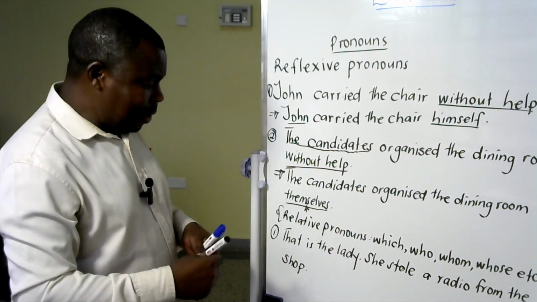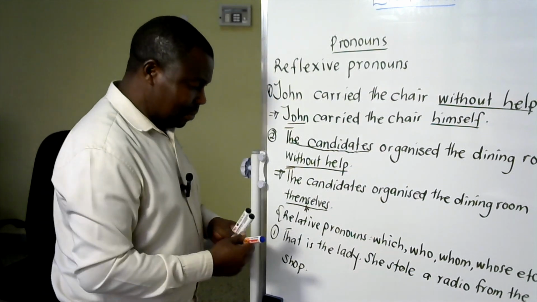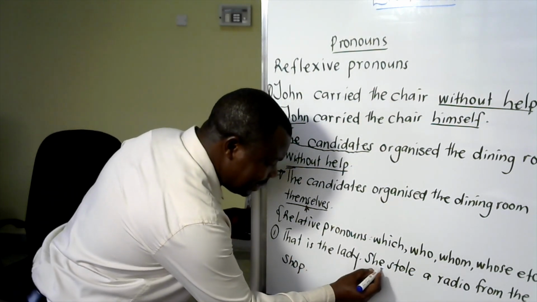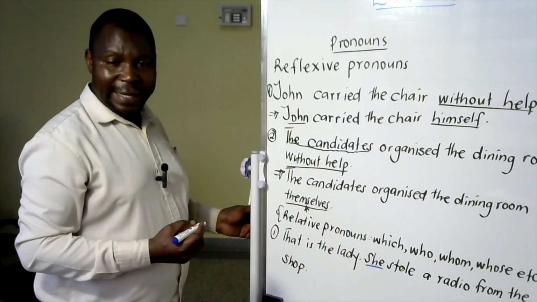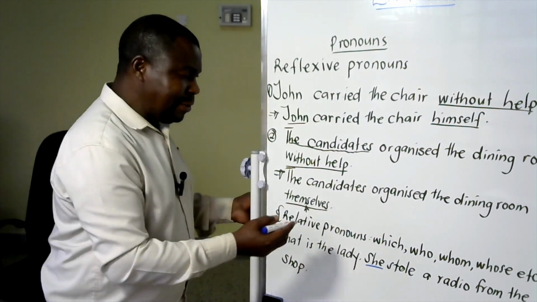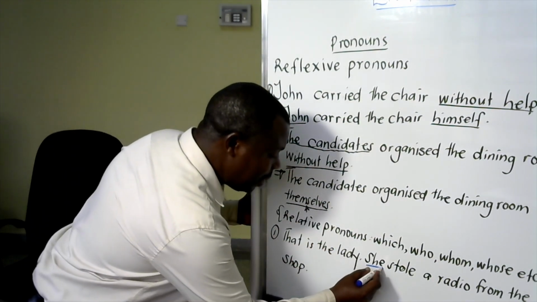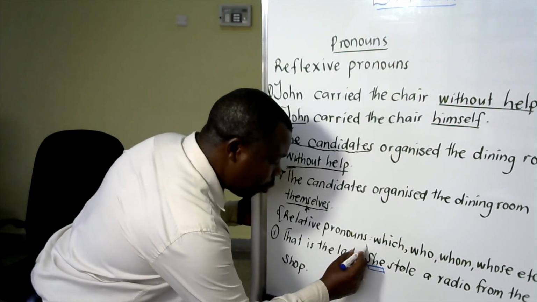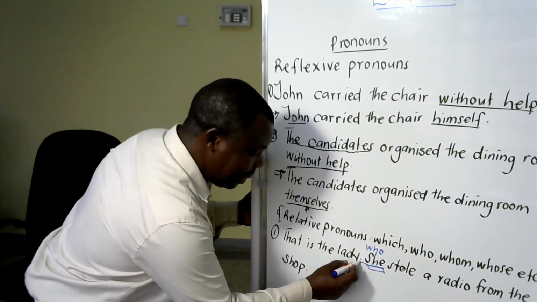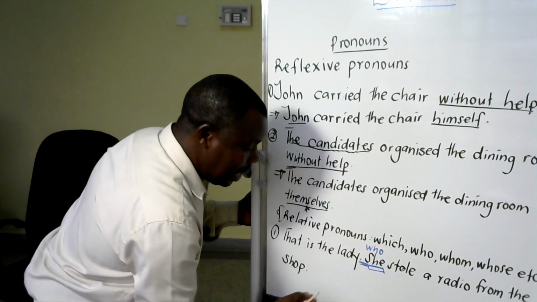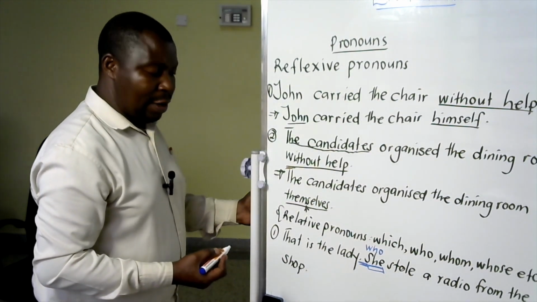In this sentence, the pronoun is here. This is a personal pronoun, or you can call it a subject pronoun. Now we are going to substitute this pronoun with the word who, because we are substituting the full stop and the word she with the word who.